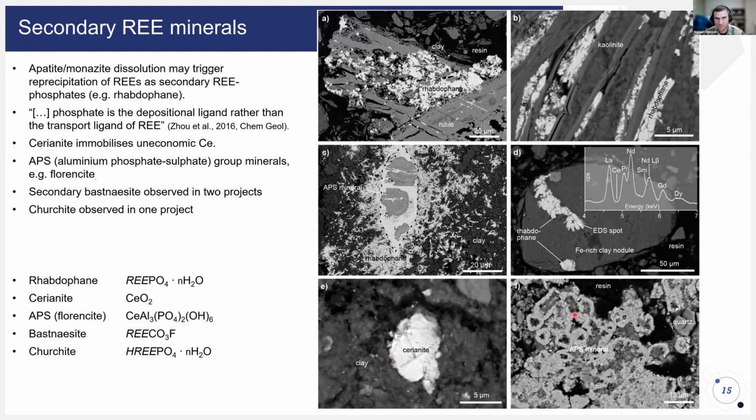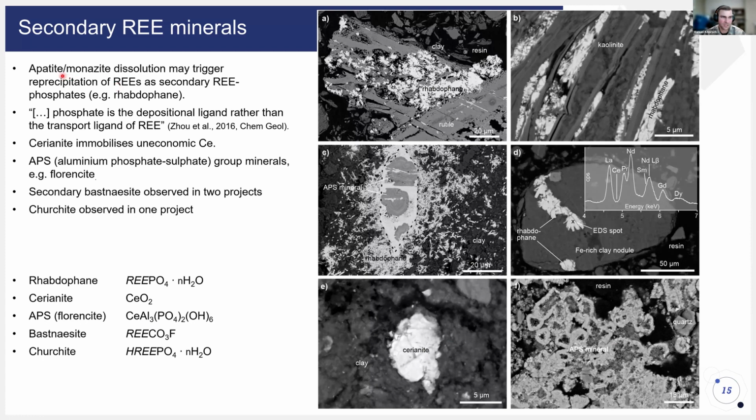And another example would be here, from what we see in 4 deposits. And one deposit was quite dominant in those APS minerals that form these atoll-like growths. And yeah, those are the fancy ones that have quite a variable composition. Maybe quickly coming back to the rhabdophane. So rare earths and phosphate, they don't really like to be in solution together.